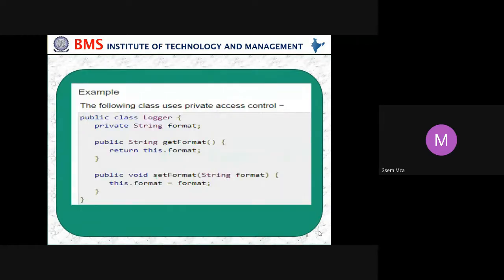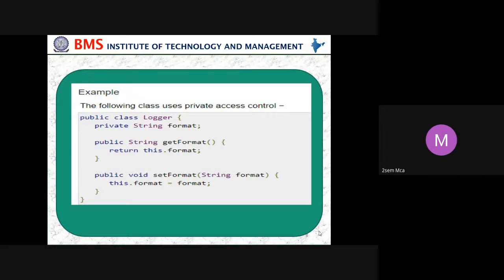The following example uses a class access modifier: public class Logger. Then we have given a private String format as a variable. In the same way, we have given public String getFormat, which is a method, as public.